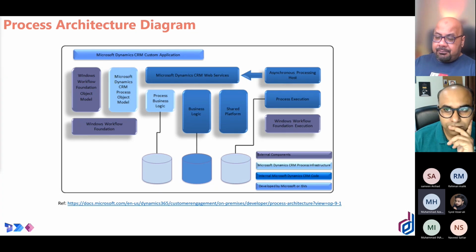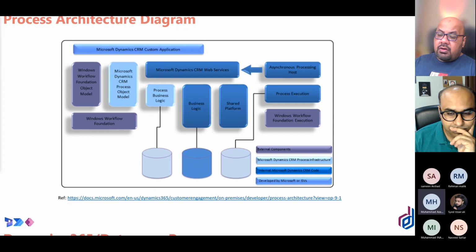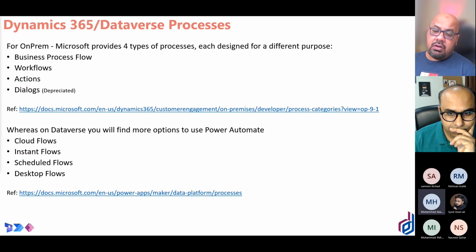Now let's talk about the processes that we have on top of Dynamics 365 and the DataWorks. Particularly for the on-prem environment, we have only four types of business models, or you can say processes. One is the business process flow. Second is workflow.